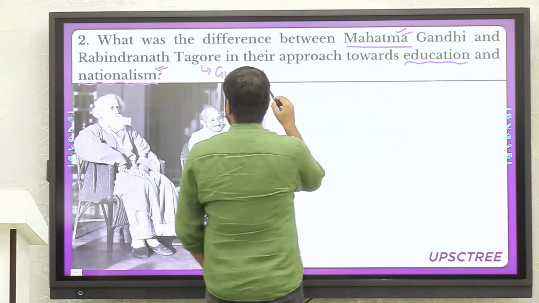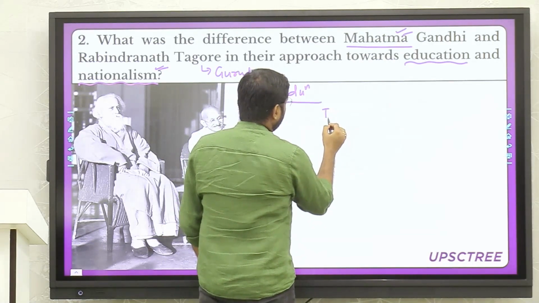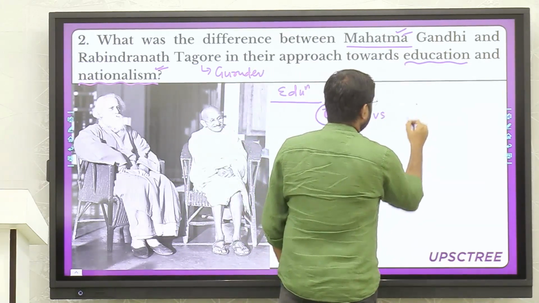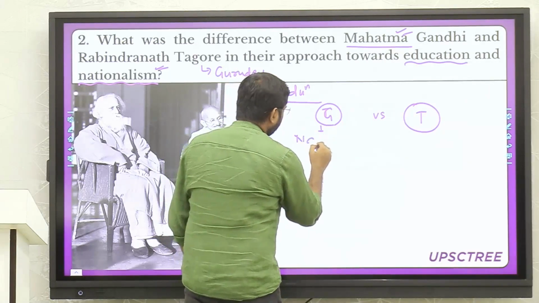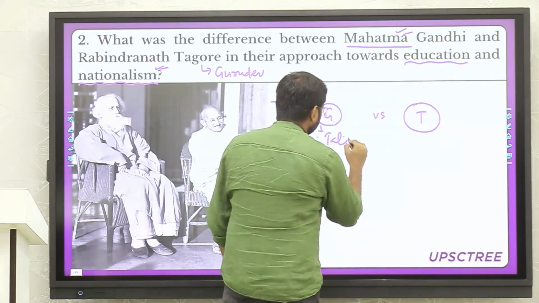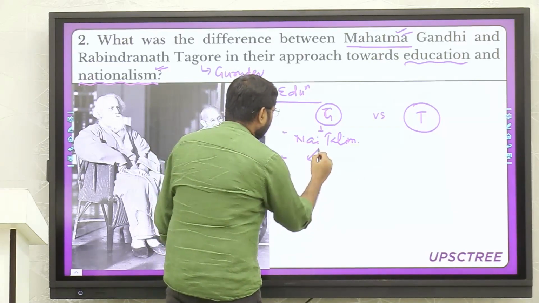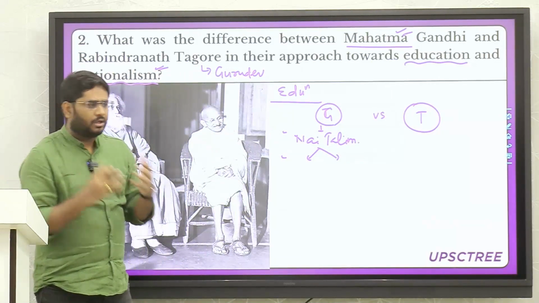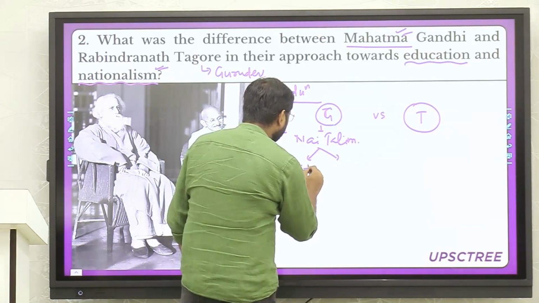Now if you look at education, Gandhi versus Tagore. See, Gandhi talked about Nai Talim. In Nai Talim, when we are giving education to a group of students, we are talking about building a skill set.